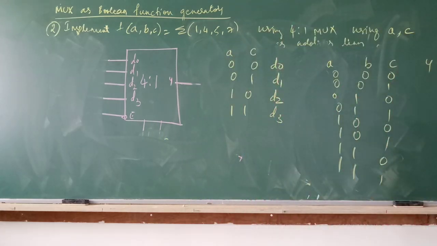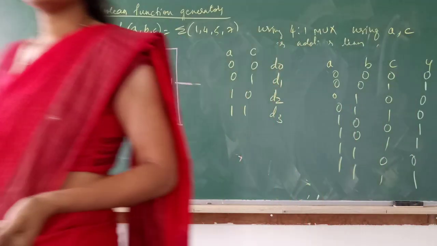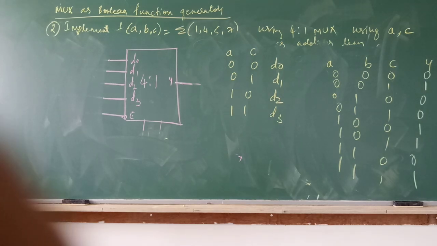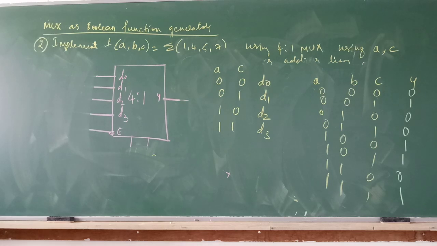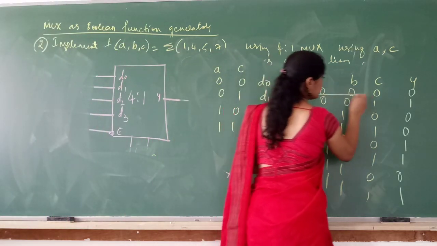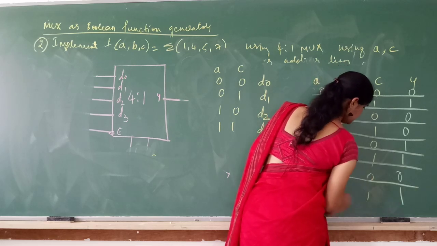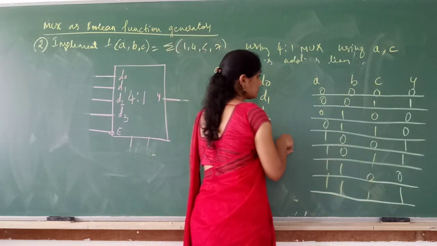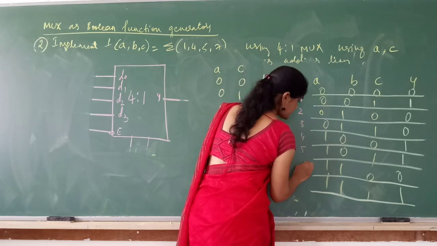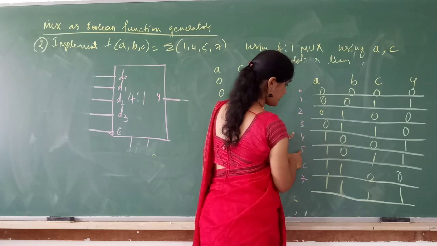Can you see this side? Okay. 1, 2, 3, 4, 5, 6, 7. 1, 4, 5, 7.